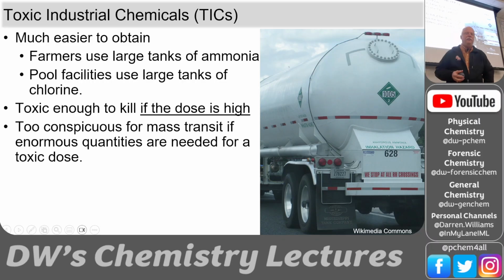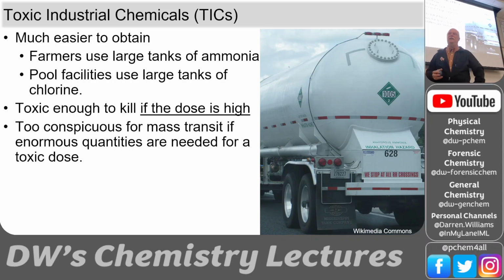Now, again, if you need a lot for a toxic dose for a lot of people, this is going to be hard to do, right? So that capability just naturally is hard. You may have the intent to cause harm, but if you're rolling into a business building or into the basement with 8 tanks of chlorine, and you're hooking them up to the ventilation system, it's going to be conspicuous.